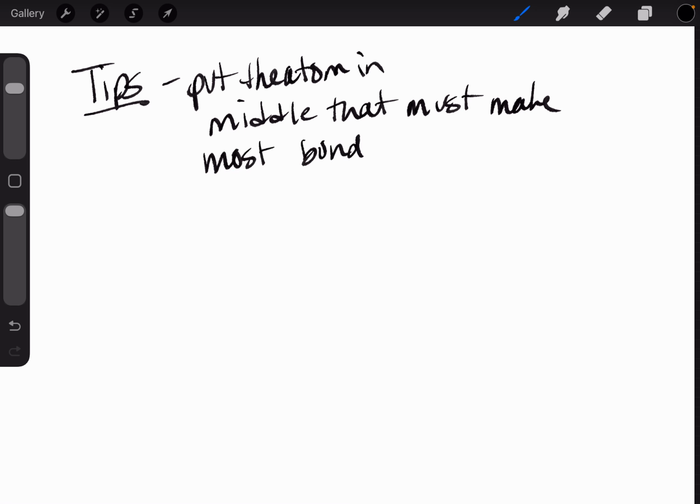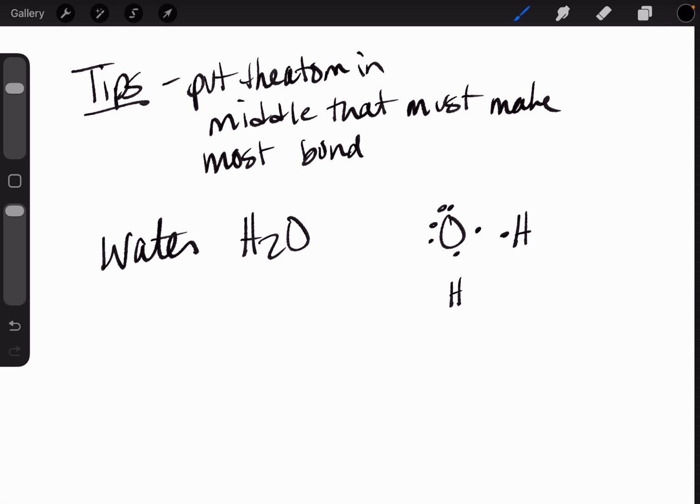So something that would need 2 more valence electrons, you would put the oxygen there in the middle. So if we were to try to do water, which is H2O, I've got oxygen with 1, 2, 3, 4, 5, 6. I've got a hydrogen, and I know that my hydrogen is going to share, my oxygen is going to share.